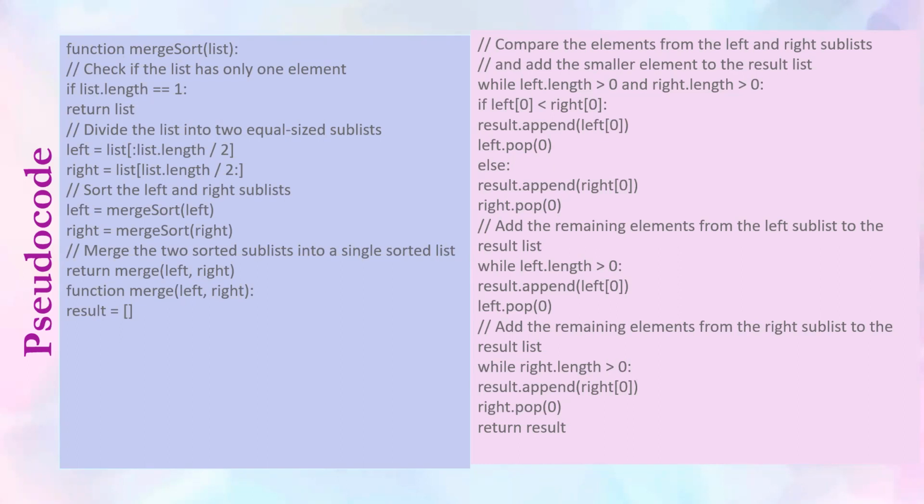I'm going to sort and merge my left, and sort and merge my right. Once I've sorted my left list and my right list, I merge them. I check whether the first element of my left is lesser than the first element of my right, and accordingly I do the merge. Finally, I get my sorted list.